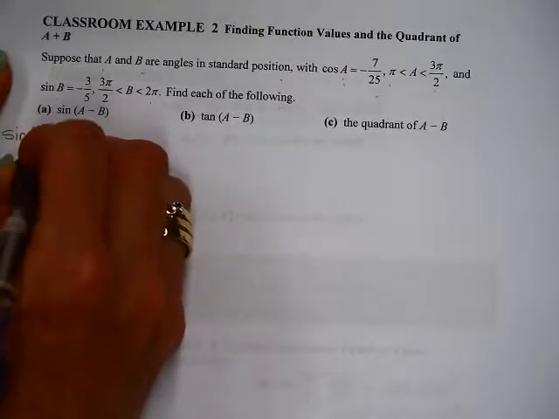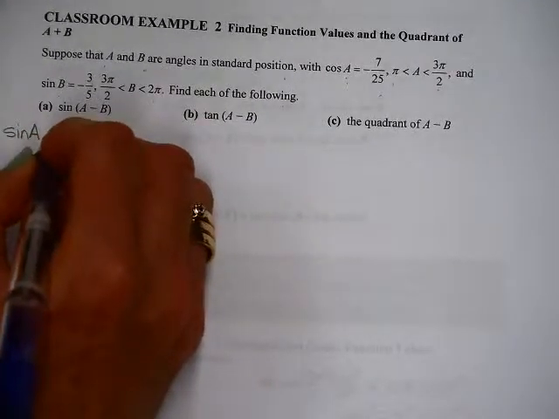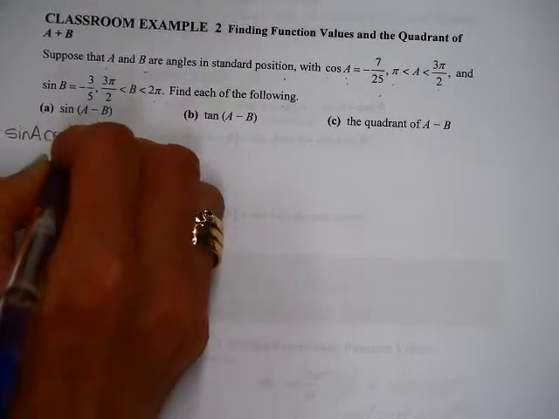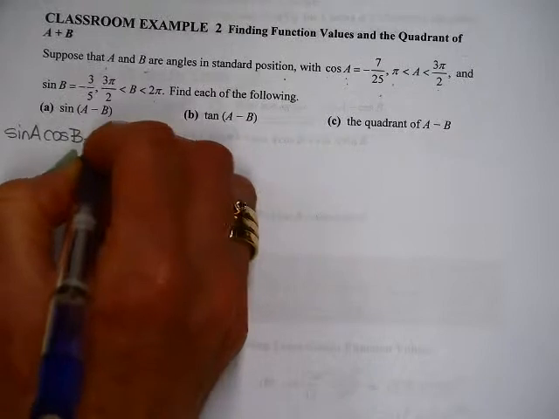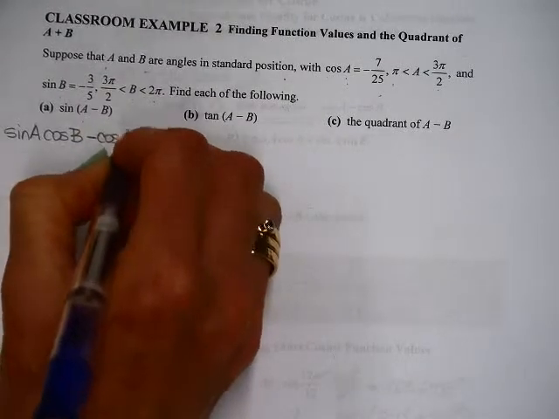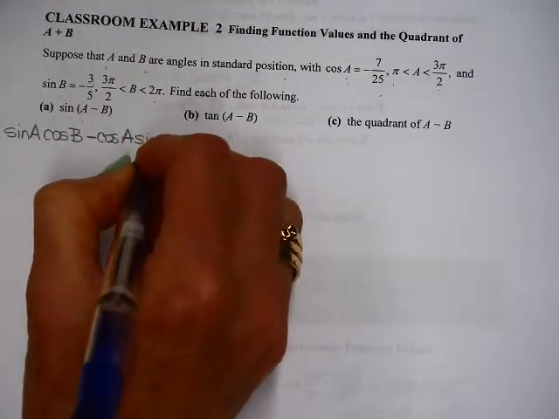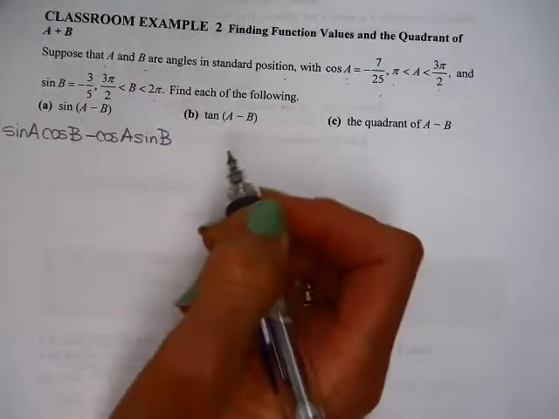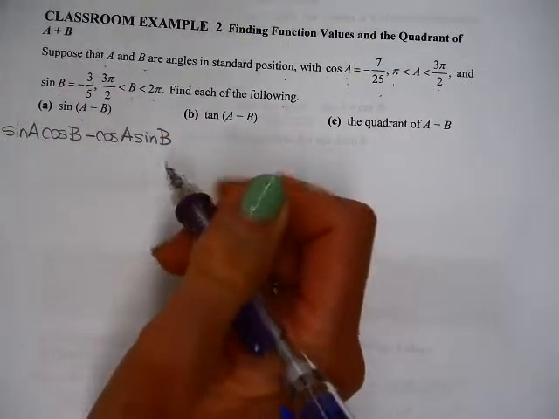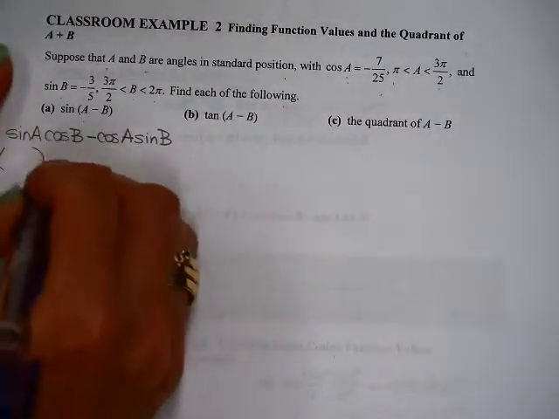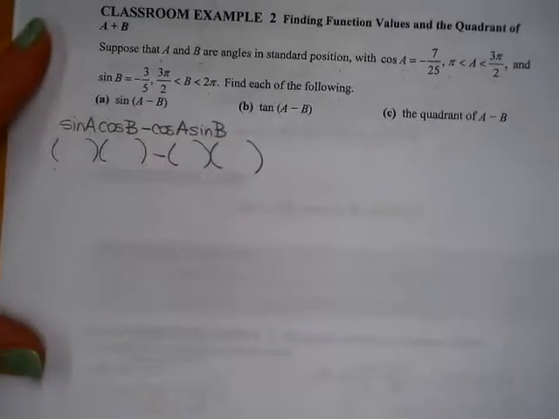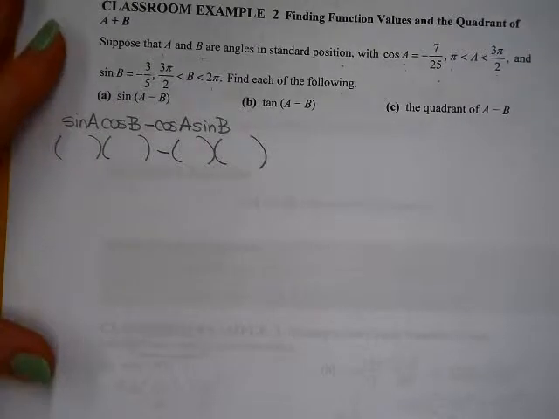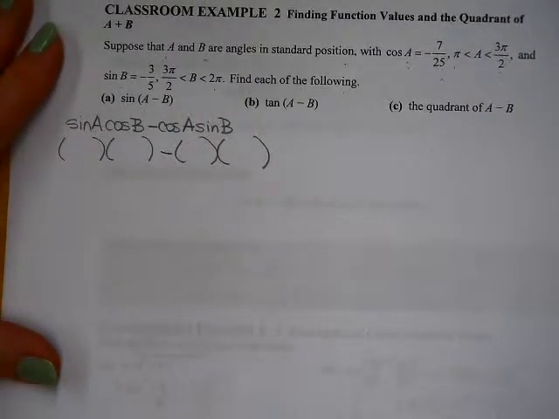So the sine of A minus B is sine of A times the cosine of B minus the cosine of A times the sine of B. I need 4 things to put into my formula. Once again, they're going to give you 2 of them.